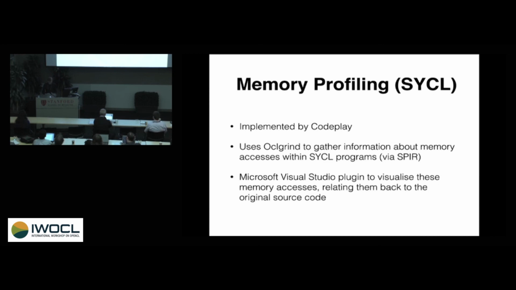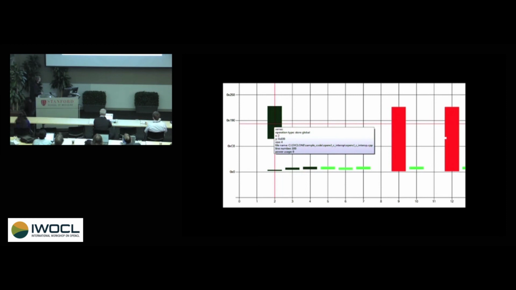So this looks something like this in the example that I've got. There's a few different colors here, and the colors differentiate between when the work items are reading or writing, or between local and global memory. I think we start off with the global reads for these ones, time across the x-axis, and we have the memory addresses squashed down onto the y-axis so they actually fit in a way that you can see.